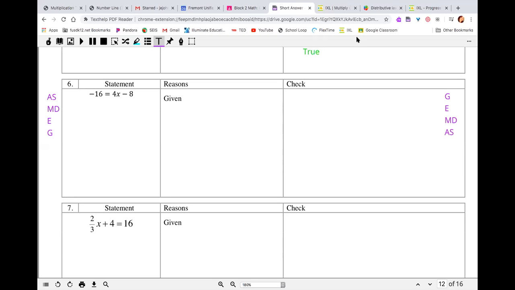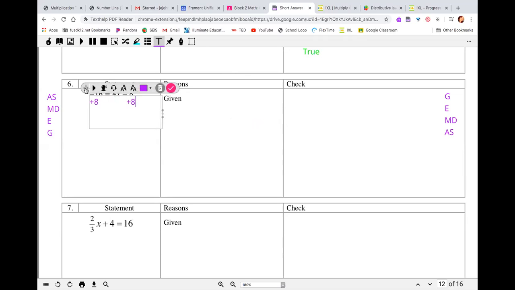But do I want to add 8 or subtract 8? Add 8. So yeah, we do the inverse operation or the opposite. So we're adding 8 to both sides.